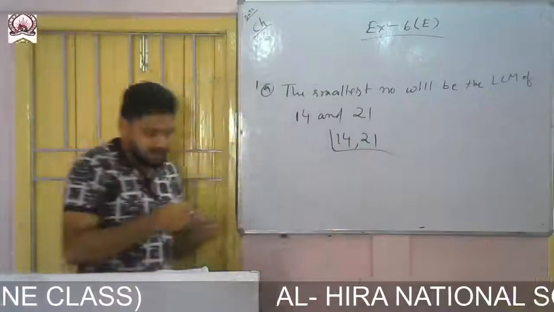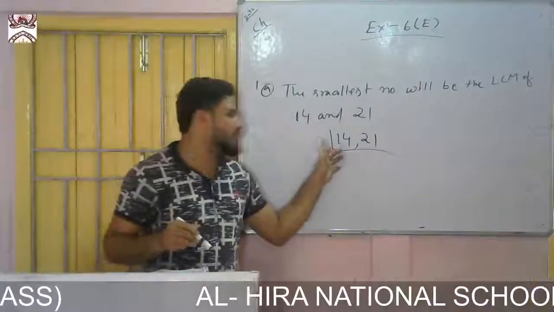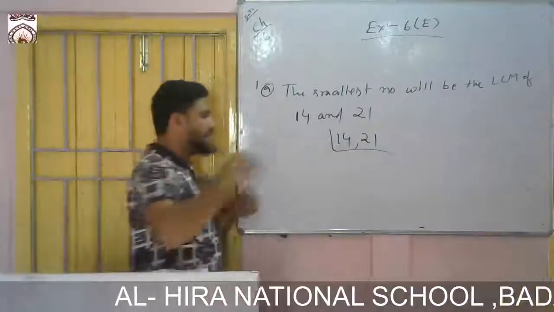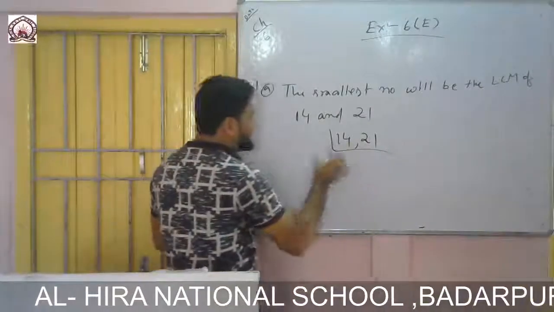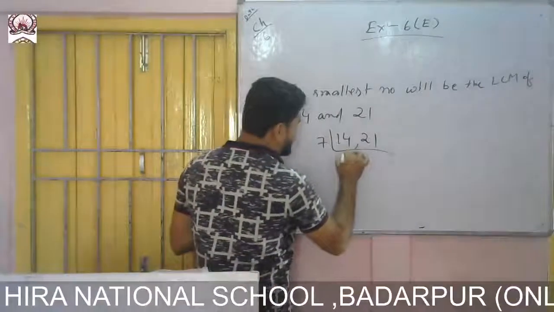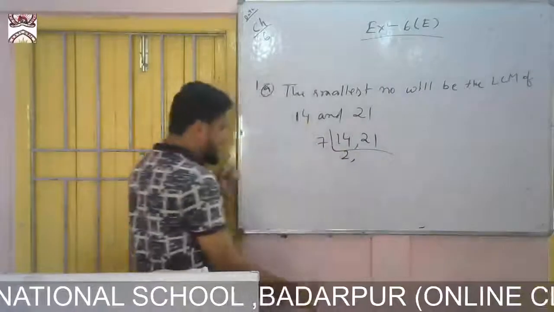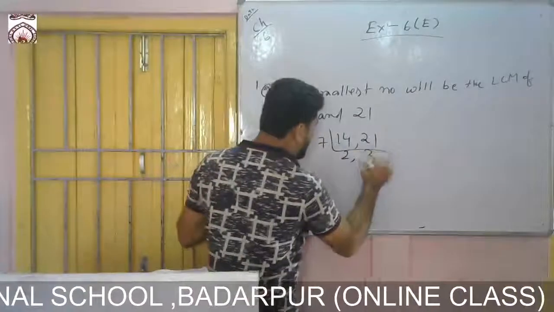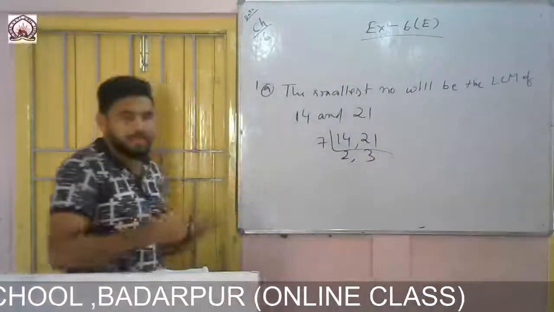So find a number which can divide 14 and 21. Obviously it is 7. So 7 2s are 14, and 7 3s are 21.